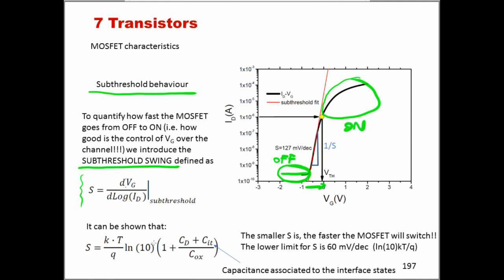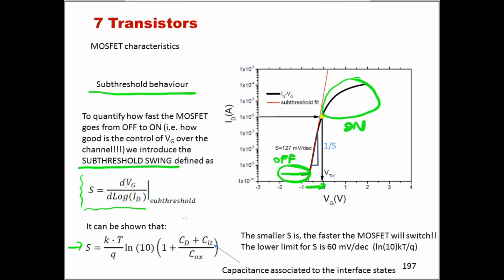And we can demonstrate that this quantity can be calculated analytically, and it comes down to this. S is kT over q, so the thermal energy kT over q, times ln10, times a term that depends on capacitances related to our transistor geometry.